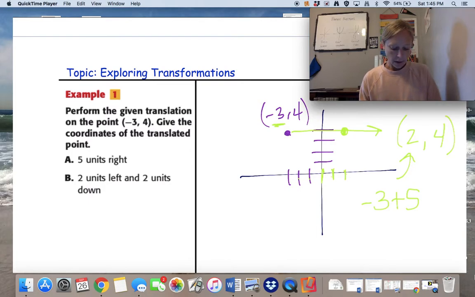Let's look at the next one. This time we're going to take our original point of -3, 4 and go 2 units left and 2 units down. I'm going to look at a new graph. First, I'll write my answer here so that doesn't get lost.